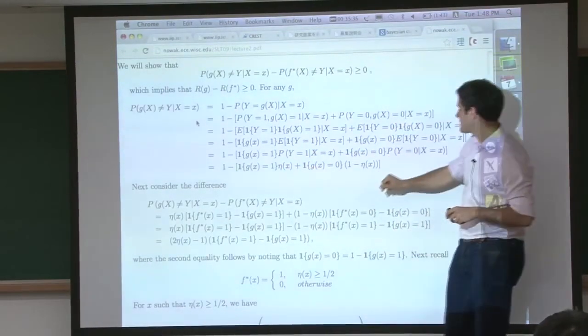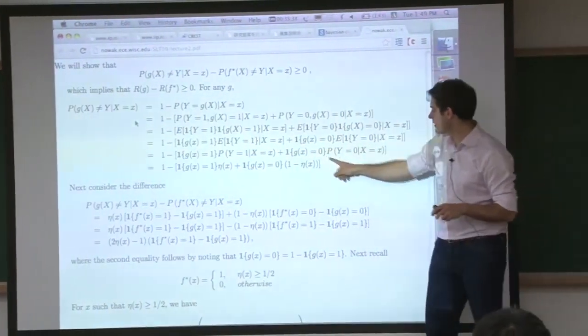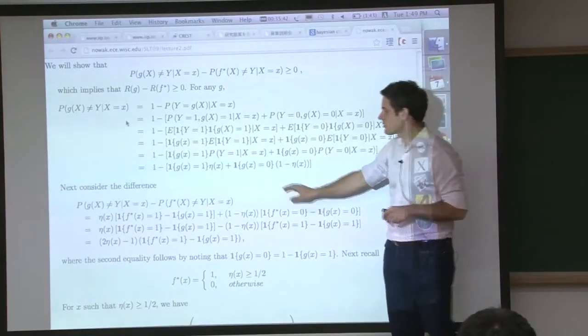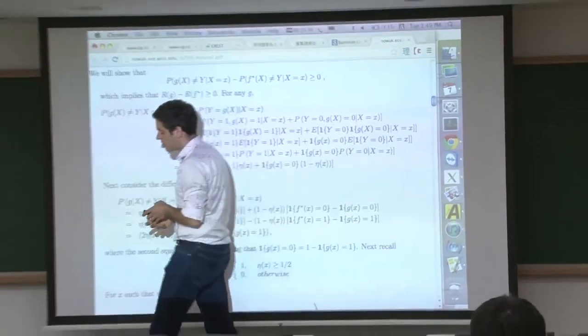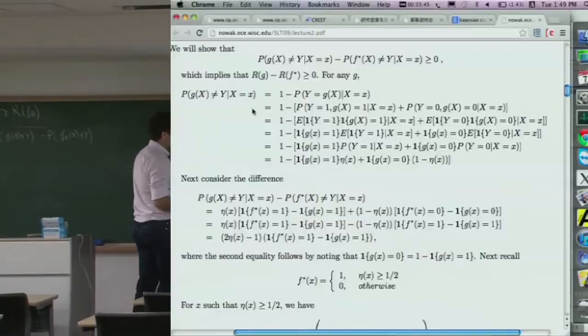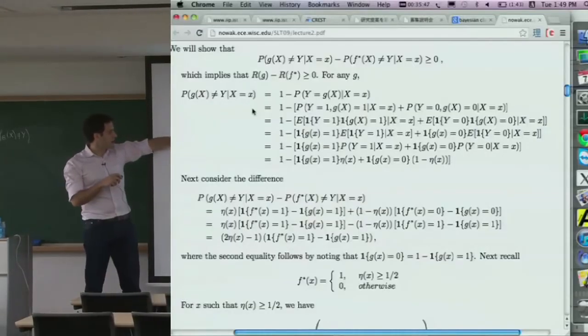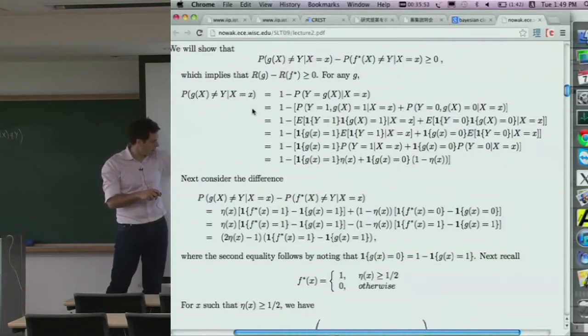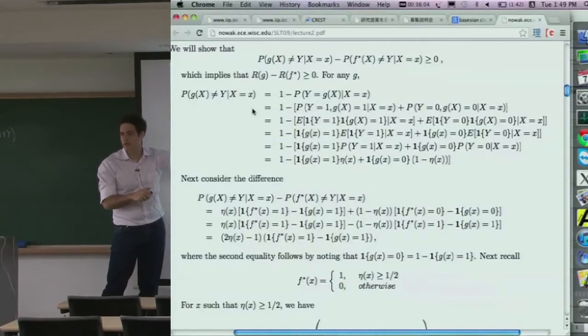The same thing can be done here: this quantity is simply 1 minus eta of x. So this is a long way to write that the probability that g of x is not equal to y, when you know the value of x, is basically 1 minus eta of x if g of x equals 1, and 1 minus eta of x if g of x equals 0.